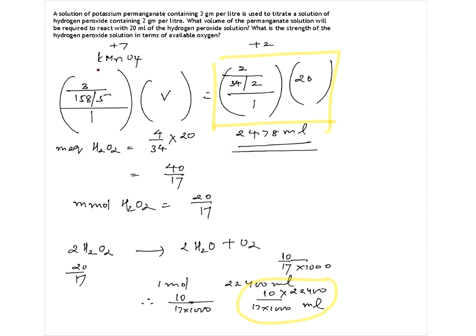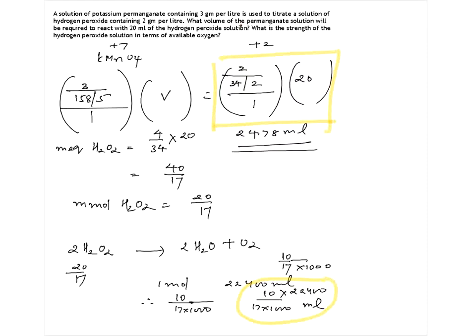Because the charge transfer is of 5, you divide by 5. 158, the molecular mass, should be divided by 5 for equivalent mass. So 3 grams divided by equivalent weight, and the liter is only 1. That is the normality of the KMnO4 solution.